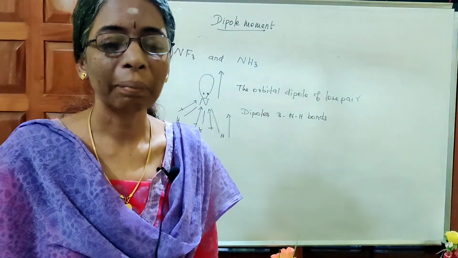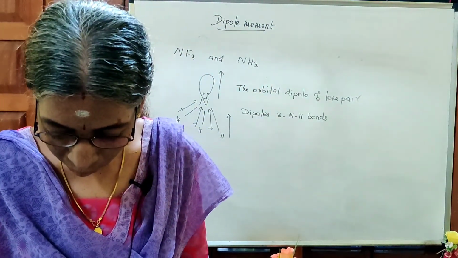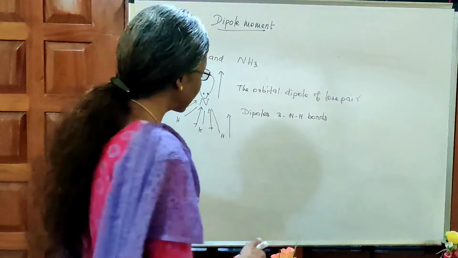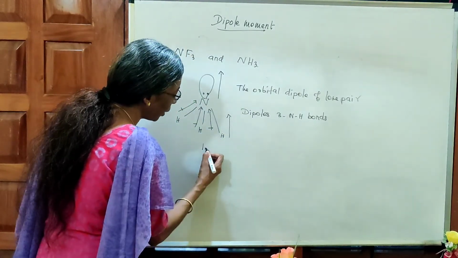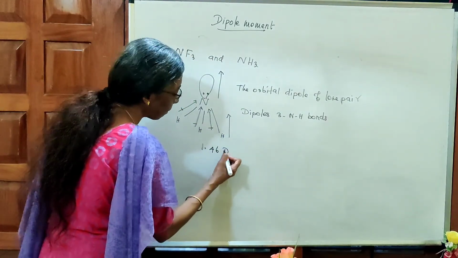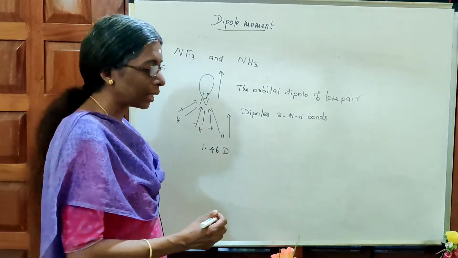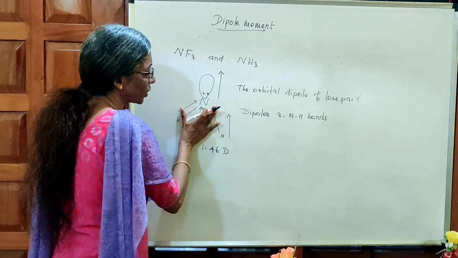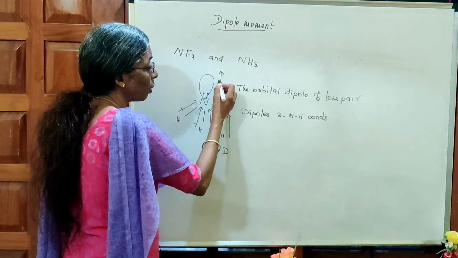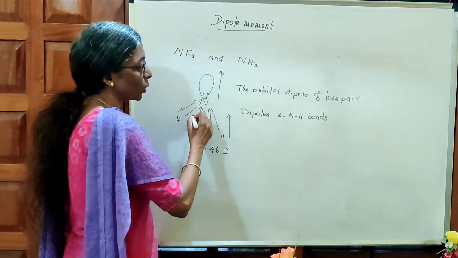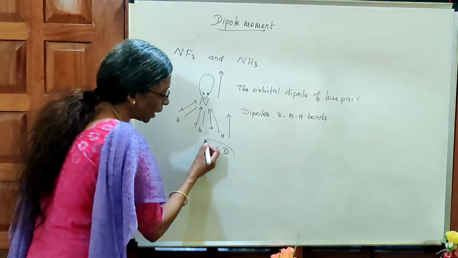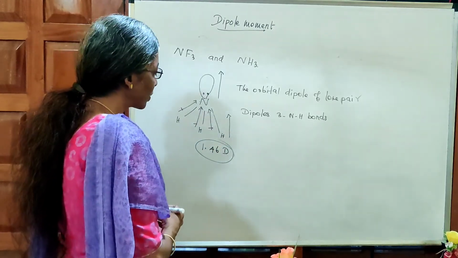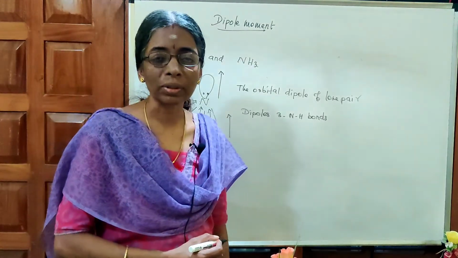The net dipole moment of ammonia is 1.46 D. These three are acting in the same direction, and the orbital dipole of the lone pair also acts in the same direction. So NH3 has 1.46 D.